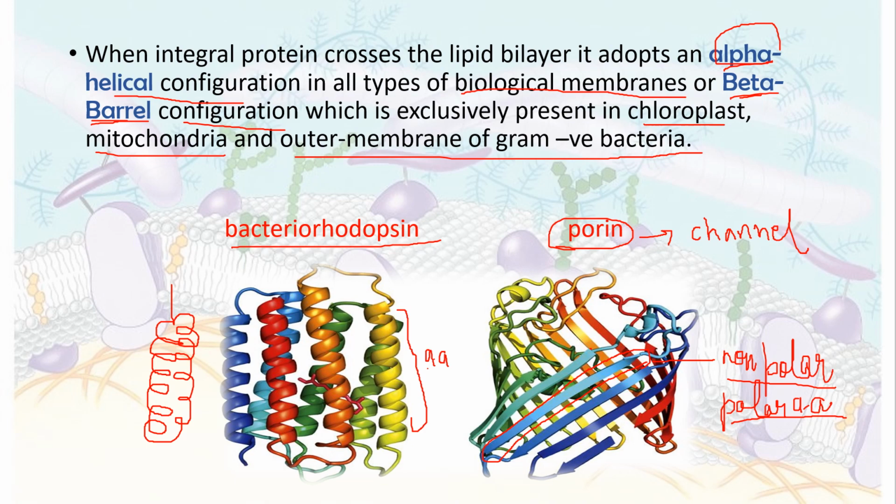The non-polar amino acids interact with the non-polar tail of phospholipids, and polar amino acids form the interior of the channel, meaning the tunnel of the channel is completely made up of polar amino acids. So it allows polar molecules to come across the cell membrane without any difficulty.